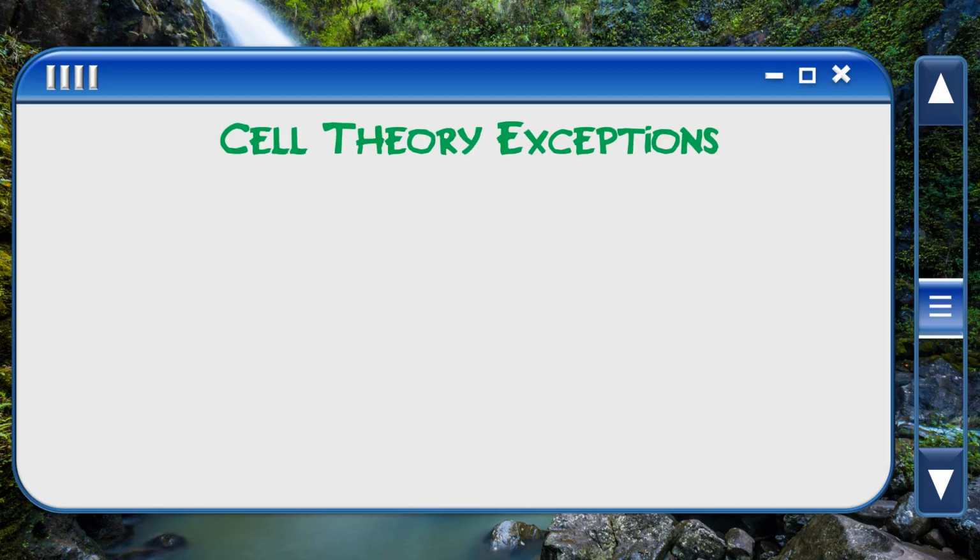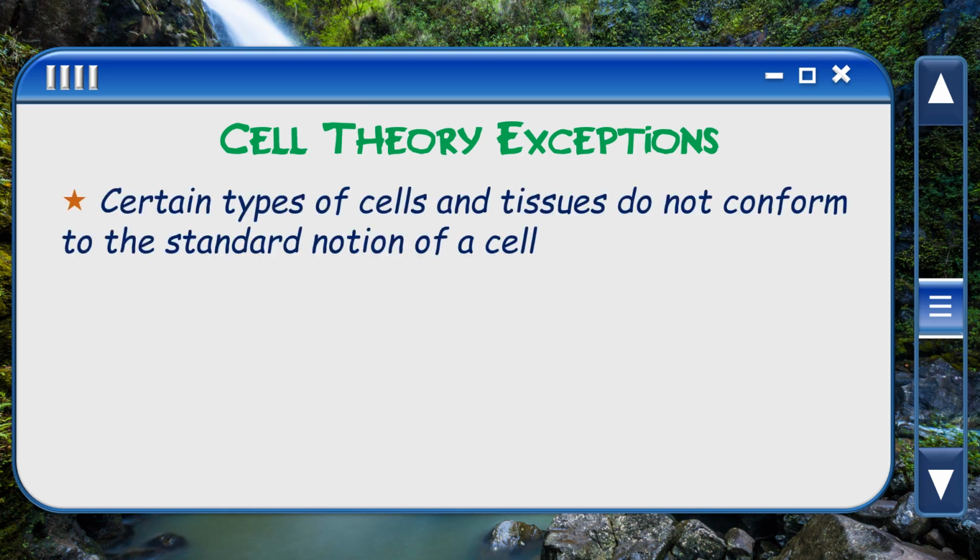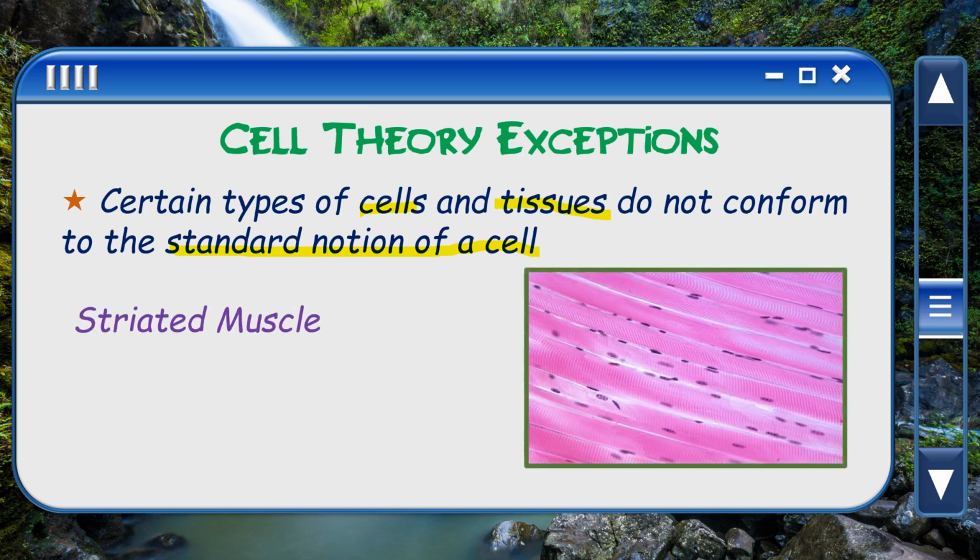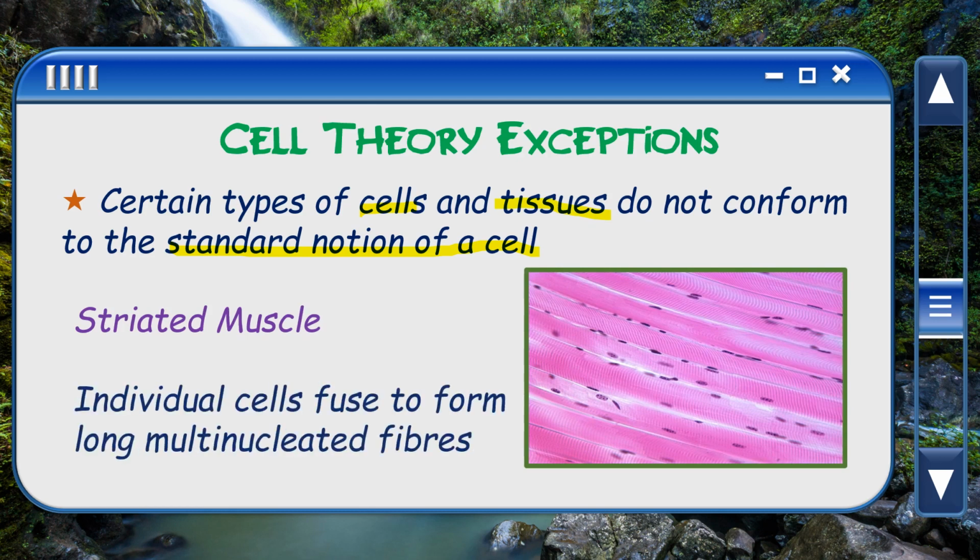Now, there are some cell theory exceptions which are contrary to the cell theory. Certain types of cells and tissue do not conform to the standard notion of cells. For example, we have striated muscles.